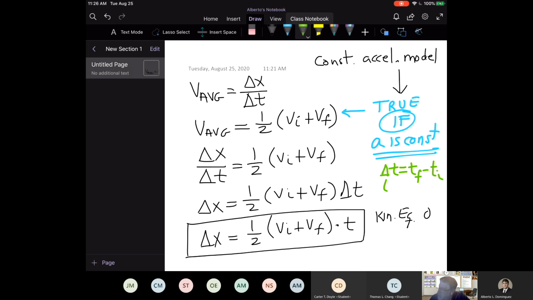I am going to pick T initial equals 0 and T final equals T. So delta T equals T final, which is T, minus T initial, which is 0. T minus 0 is T. Boom, I have just proved that delta T is equal to T. So wherever the book uses delta T, I'm just going to use T because it's easier. So that is the first of our kinematics equations.